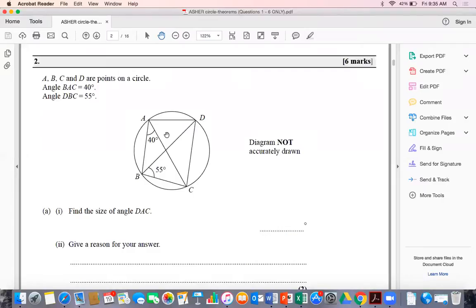I got 50 degrees. The rest okay? Everyone else so quiet. Shilka, okay?